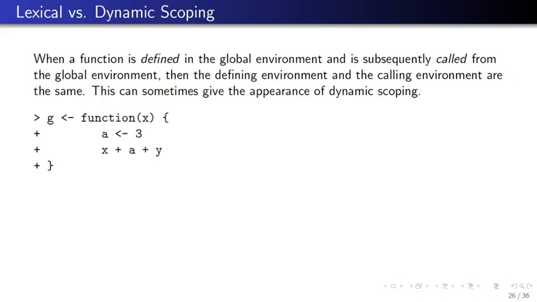So in this case, x is a formal argument. a is a local variable, so it's not a formal argument, but I defined it inside the function, so that's okay. And then y is a free variable. So if I call g of 2, the function g is going to look for the value of y in the global environment. If I haven't yet defined y, then there has to be an error because it doesn't know what value to assign to the symbol y.